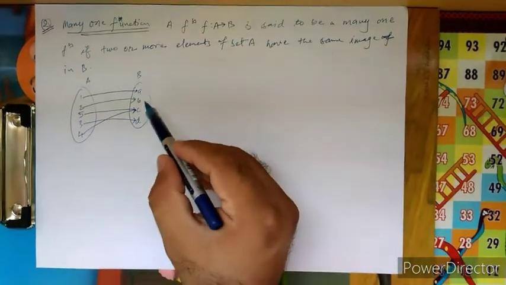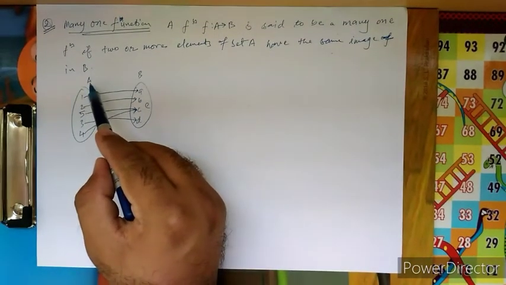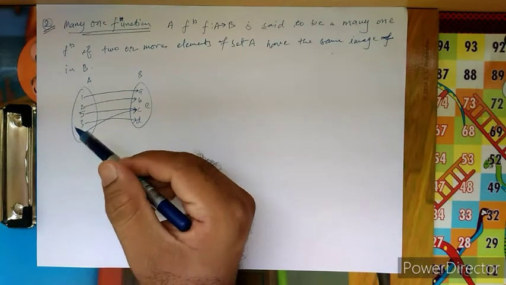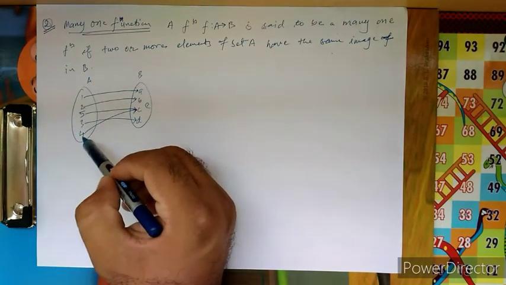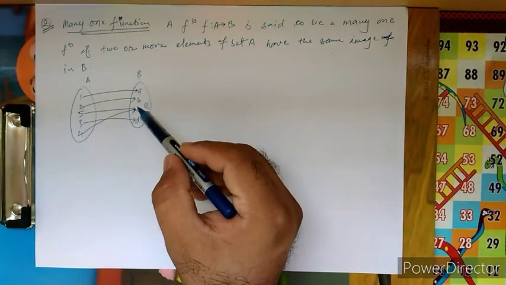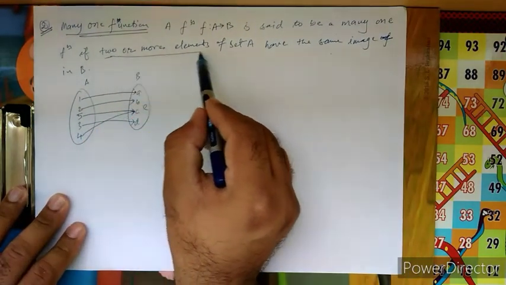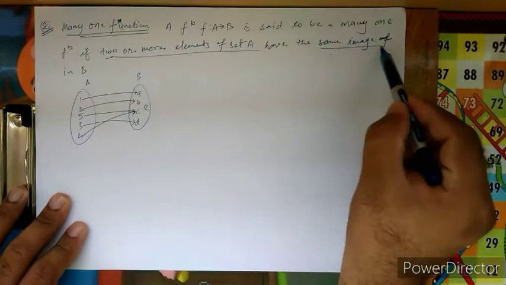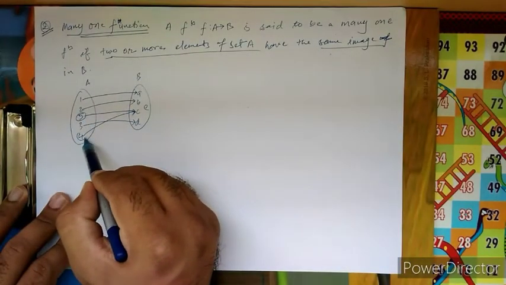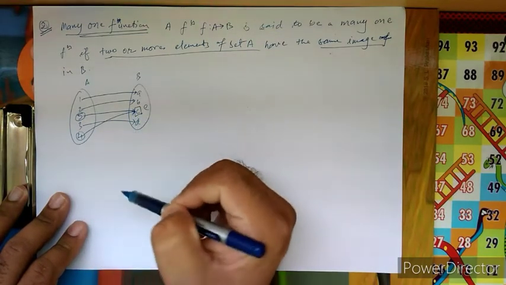So in B you have elements A, B, C, D, E, and in A you have 1, 2, 3, 4 and 5 as elements, and every element has an image in B, and two or more elements of set A have the same image. That means 5 and 4 have the same image C.